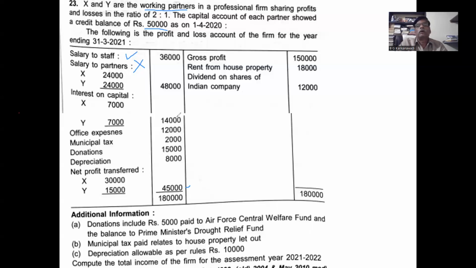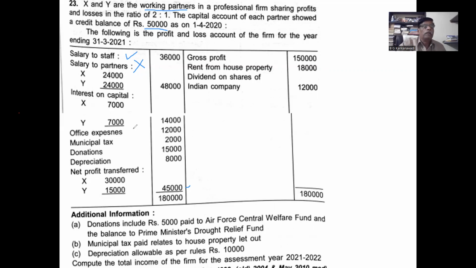The capital of the firm is 1 lakh, 50,000 plus 50,000, so 12% of 1 lakh is 12,000. 12,000 is allowable and the excess is disallowed. So 2,000 rupees is disallowed out of 14,000.